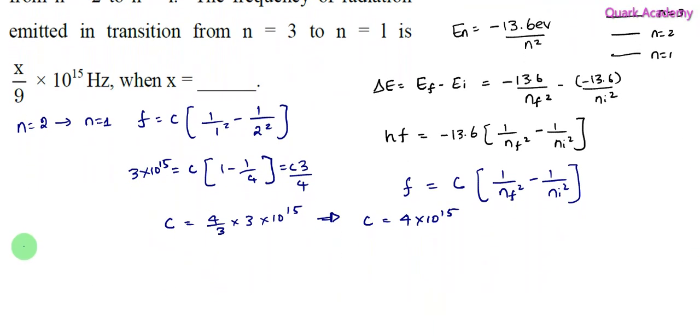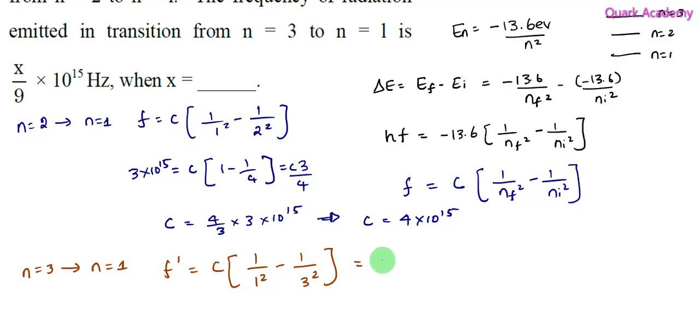Now consider the second case, where the transition is happening from n = 3 to n = 1. This is F dash, which is C times 1 by Nf squared minus 1 by Ni squared, where Nf is 1 and Ni is 3.